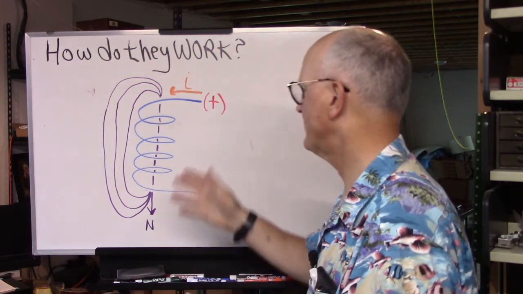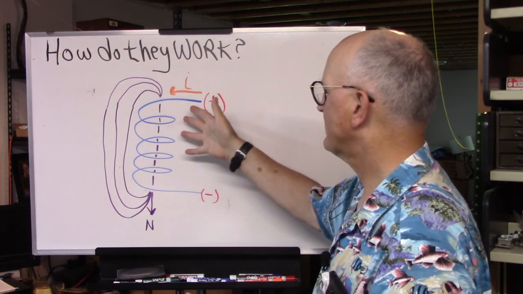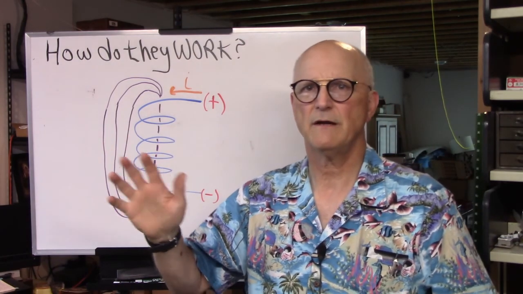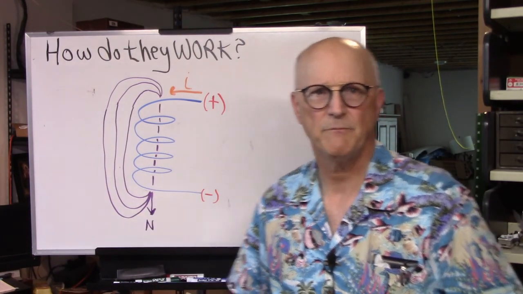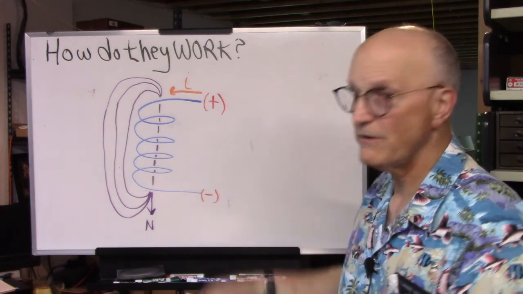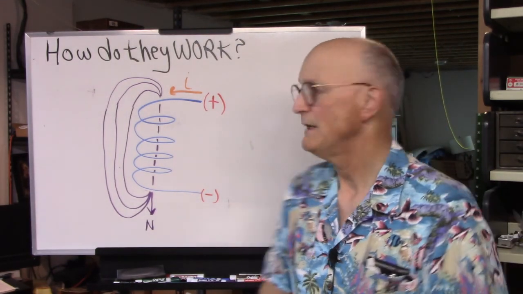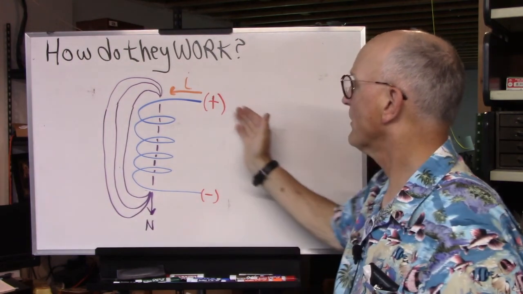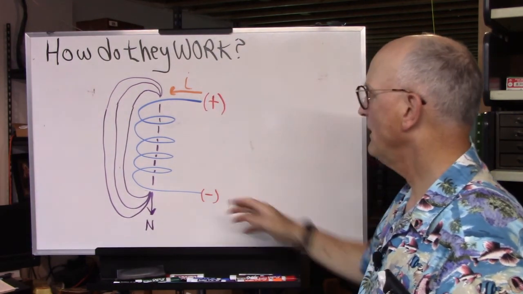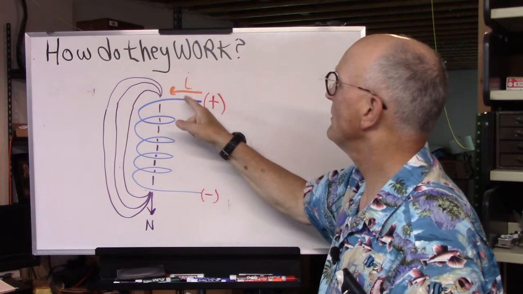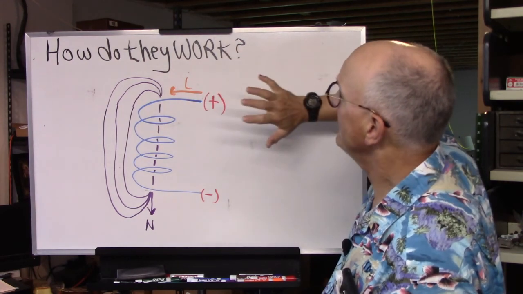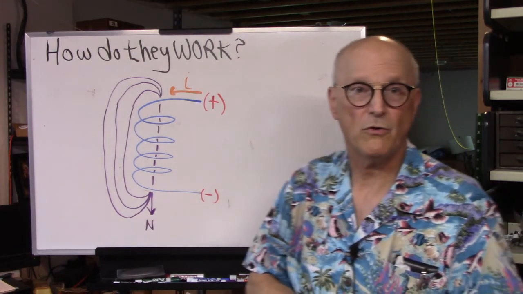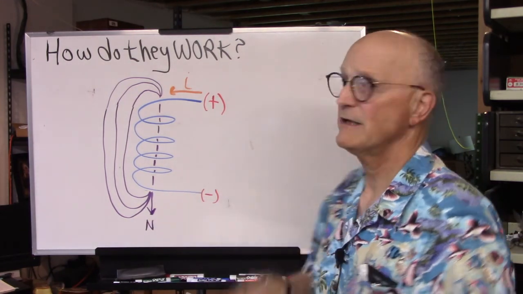Let's consider an inductor. Here we have a coil, and a long time ago in a galaxy far, far away, a constant current started flowing through this inductor. We have some kind of battery or potential source here, and the current is flowing through here. We can do the right-hand rule as we look at the direction things are flowing, and we can see that the North Pole is down here and everything is stable.